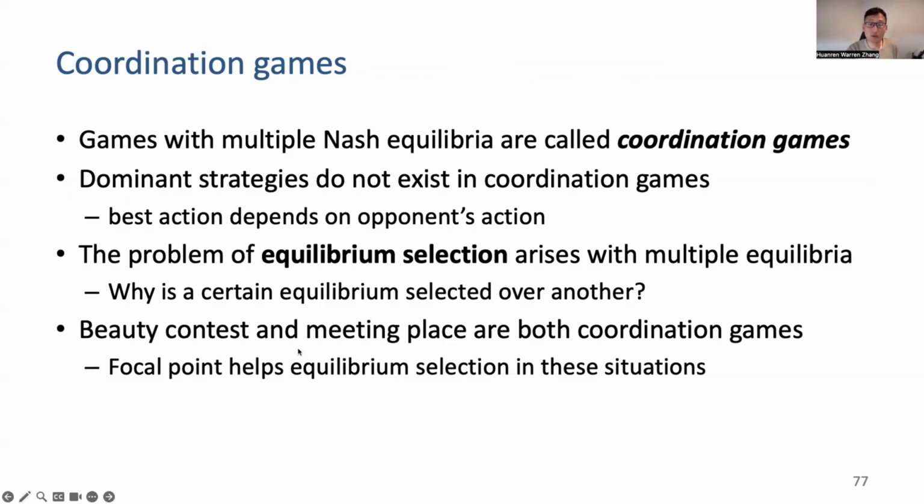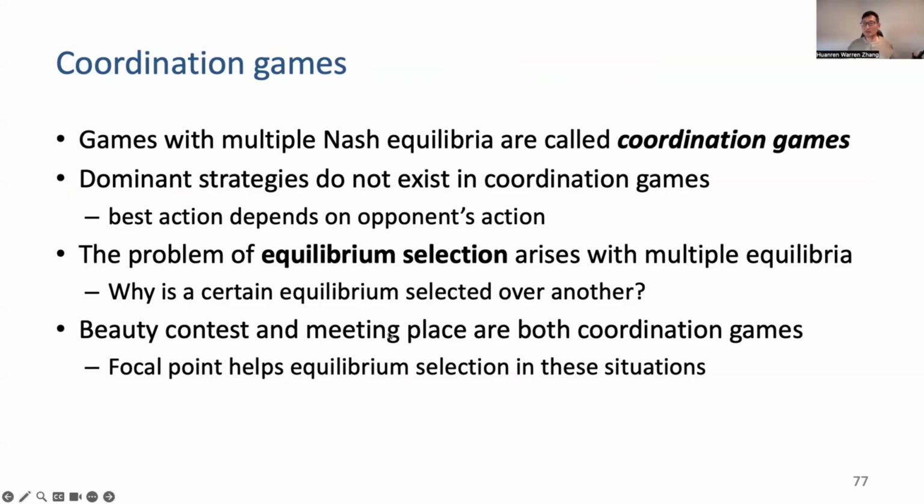Because there are multiple Nash equilibria, the problem of equilibrium selection arises. In a 2x2 game, which of the two equilibria will be selected? That's the question to ask.